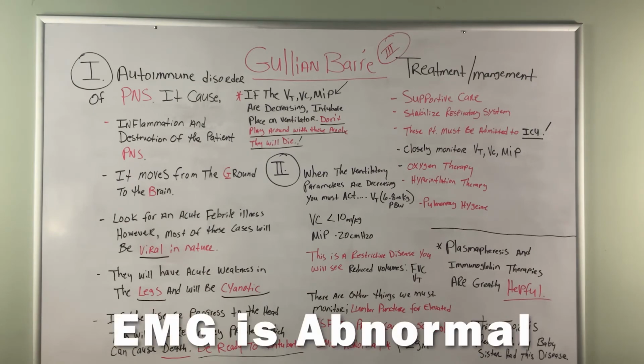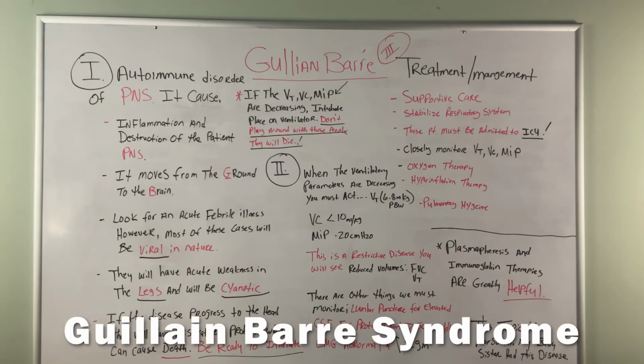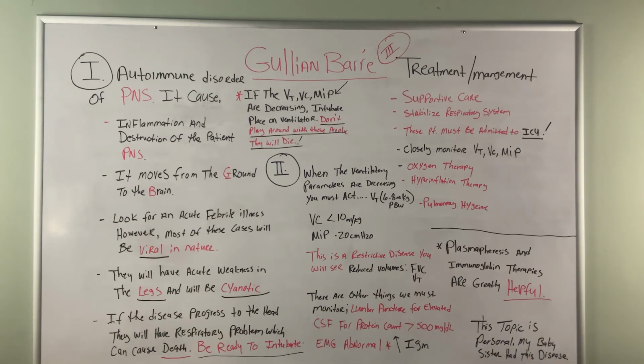If the EMG is abnormal, or if they have an increase in IgM, the patient has a diagnosis of Guillain-Barre syndrome. Now, I don't know how many of you are familiar with this disease, but it is ugly, it is debilitating, and it can kill, all right? You will see this on the TMC exam. You will see the information on this board on the TMC exam.